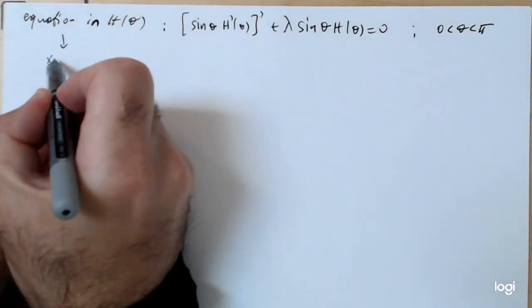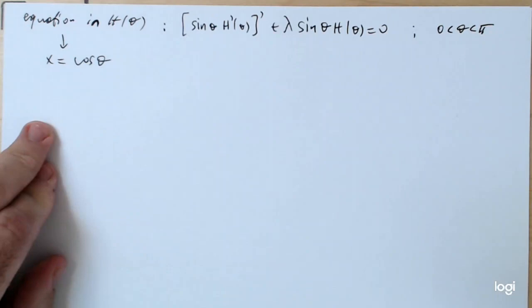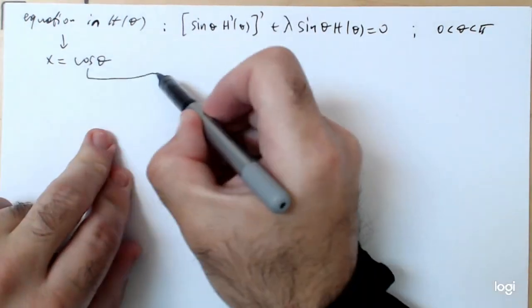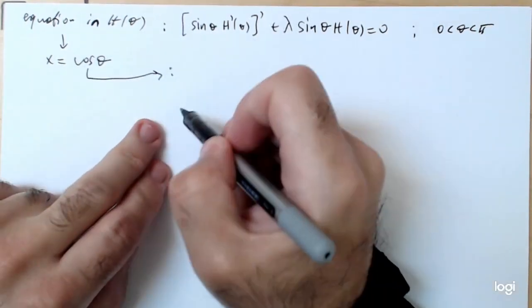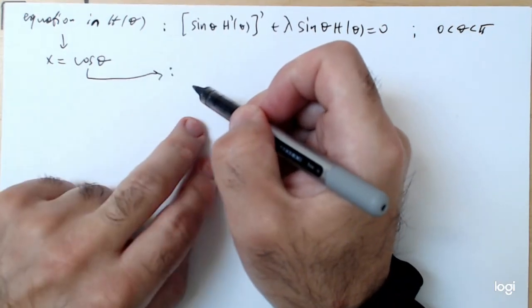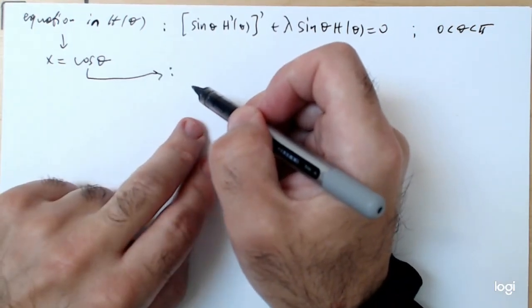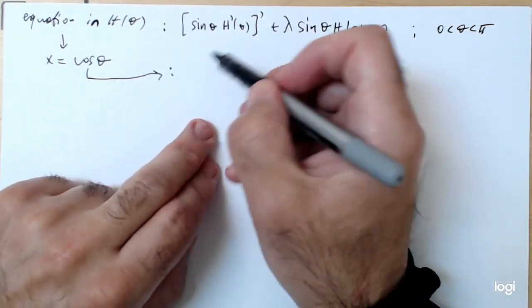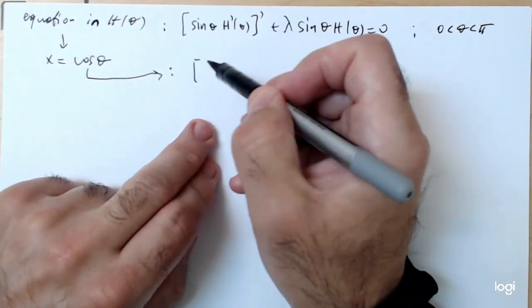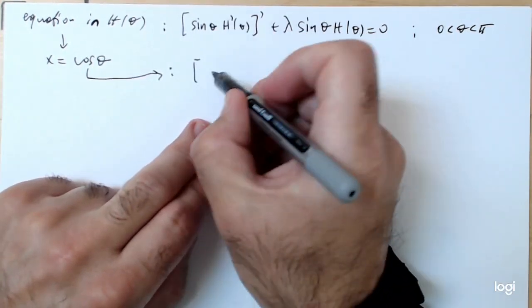After we make the substitution x equals cosine of theta, this leads to the equation in x, which is given by (1 minus x squared H prime of x) prime plus lambda H of x equals 0, where x is between minus 1 and 1. So now we can use the prime notation again, because now we treat the big H as a function of x.